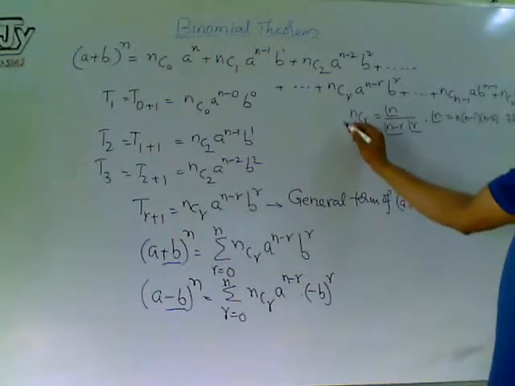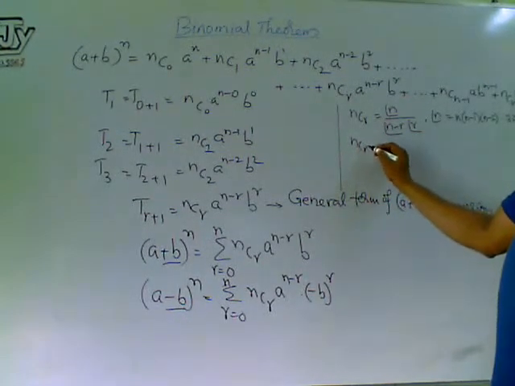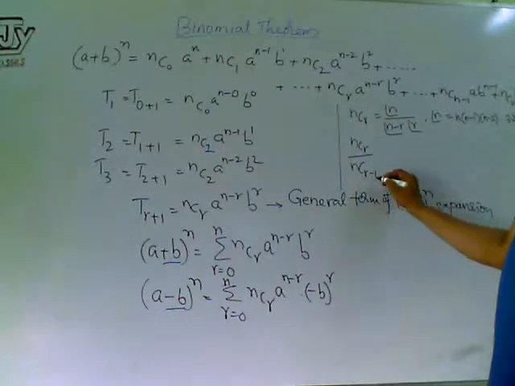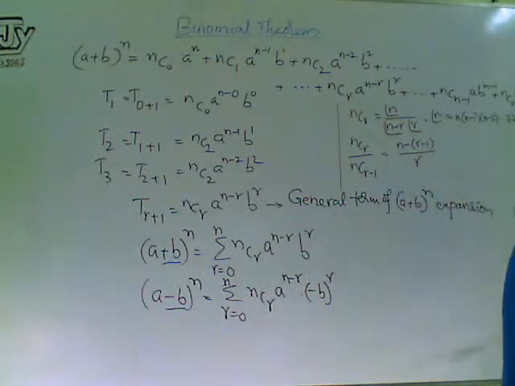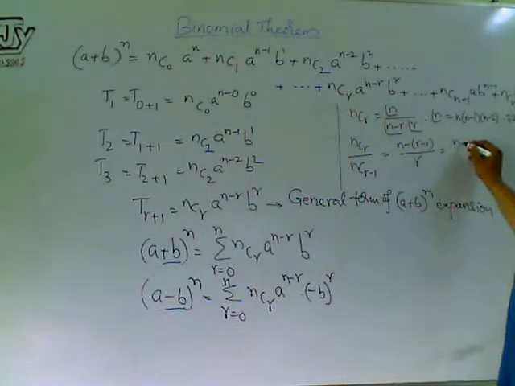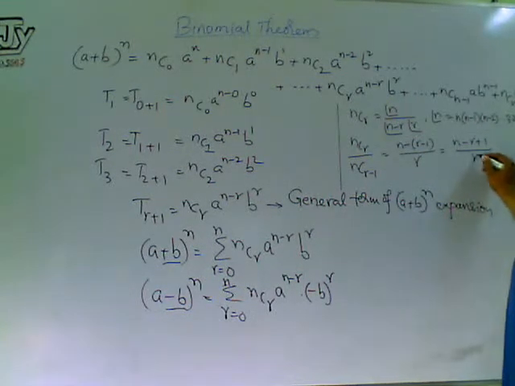Okay. Next, nCr by nC(r minus 1) is equal to (n minus (r minus 1)) by r. So it can be written as (n minus r plus 1) by r.